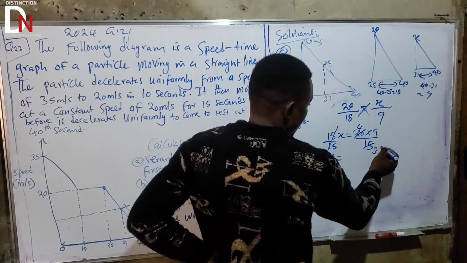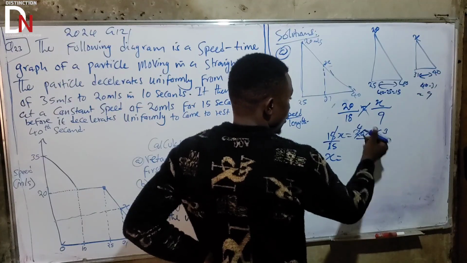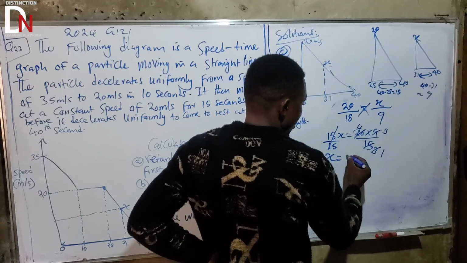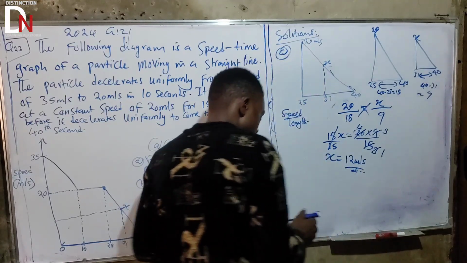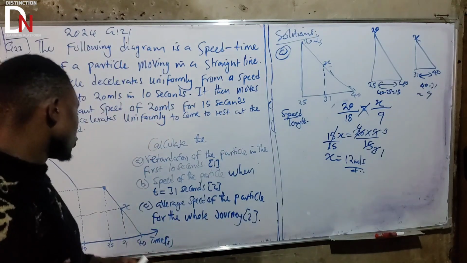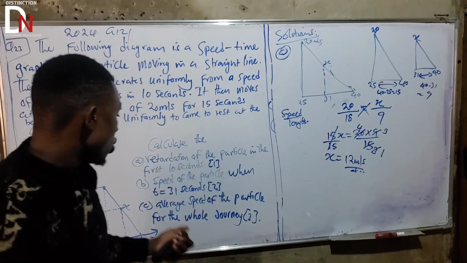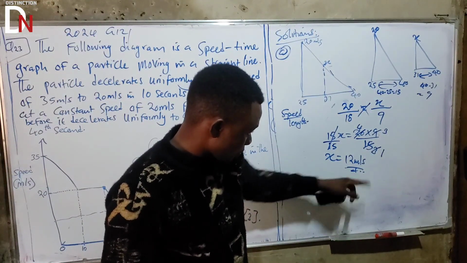Then 3 into 9 is 3, and 3 into 3 is 1. So 4 times 3 is 12 divided by 1, which is just 12 meters per second. Remember, units are very important. So the speed of the particle when t was 31 seconds is 12 meters per second.